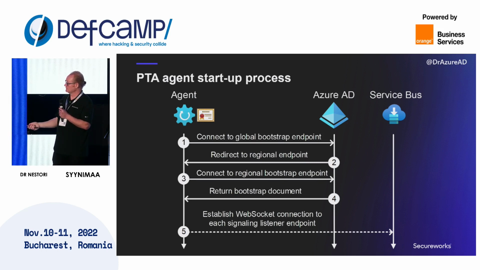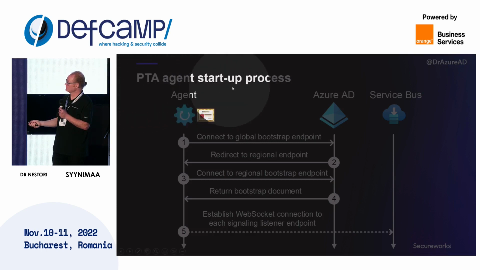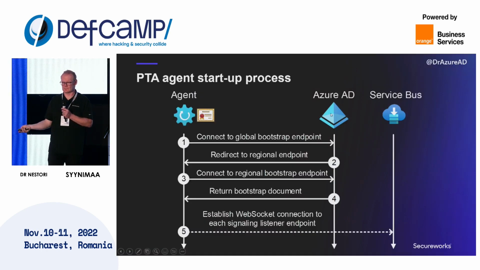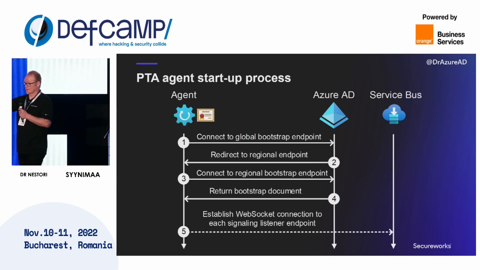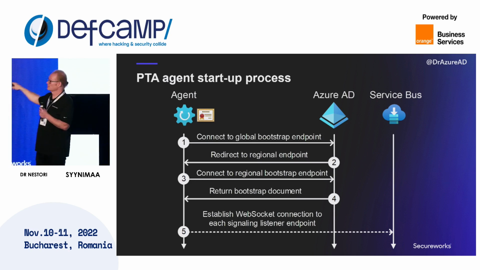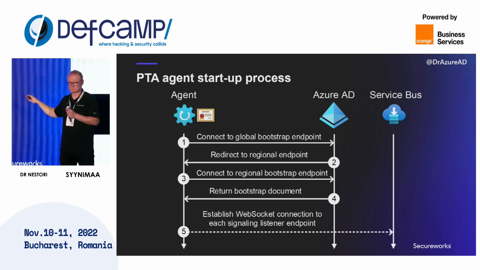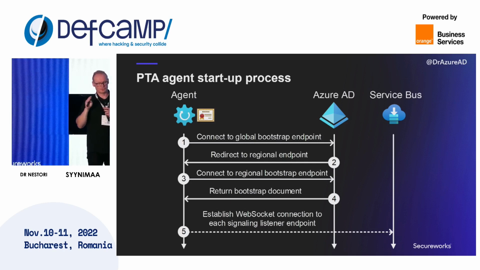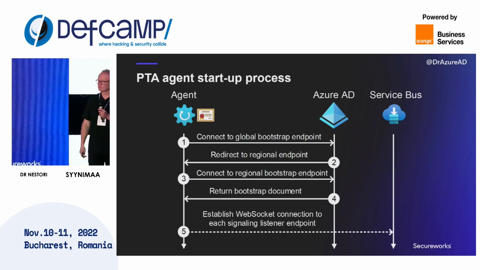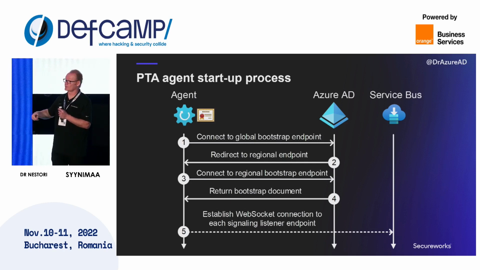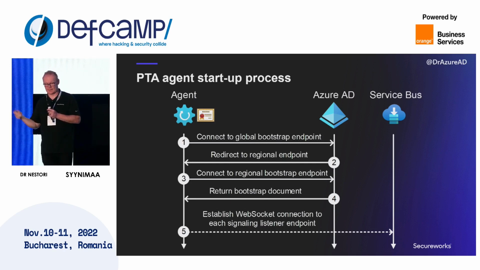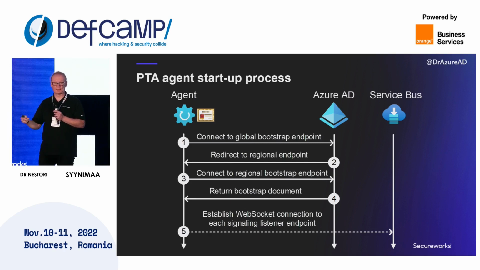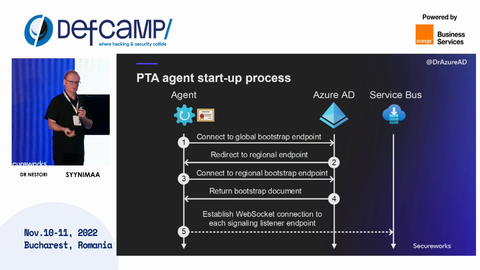Basically, it connects to Azure AD and tells it, hey, give me the configuration. When it gets the configuration, it establishes WebSocket connections to Azure Service Bus. It usually has about 8 different endpoints it connects to. This happens when you start up the agent, and now the agent is ready to receive authentication requests.